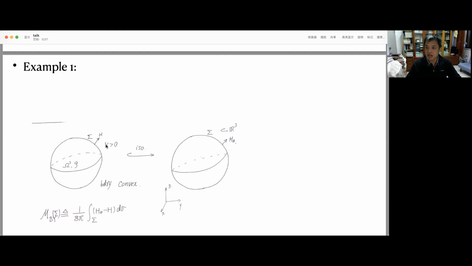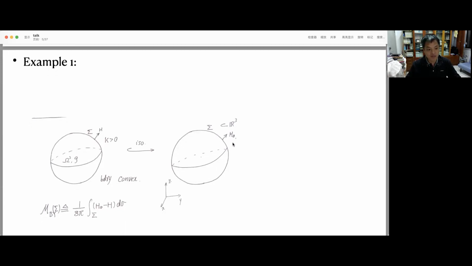Then by the classical result due to Professor Nirenberg, we know that the boundary can be isometrically embedded into Euclidean space. The embedding image is still denoted by Sigma. We also have the mean curvature of the embedded image, which is denoted by H0. Then the Brown-York mass is simply defined by the integral of the difference of two mean curvatures.